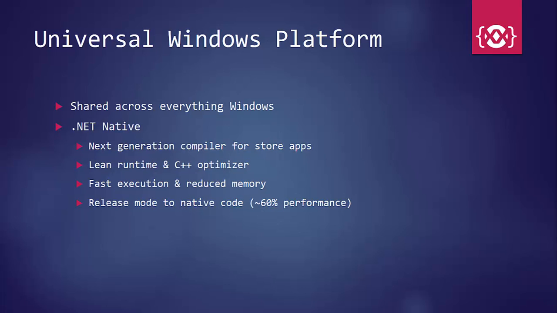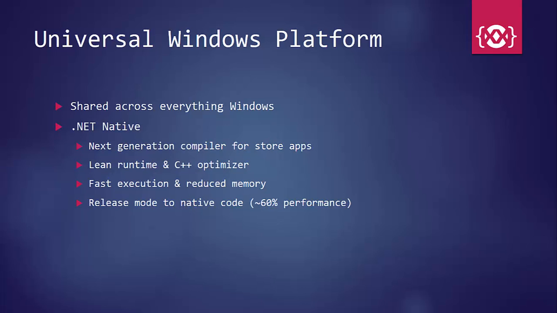Now, to do that, we need a runtime called the .NET Native runtime that we already spoke about. Currently, it's only supported on Windows for now, but the .NET Native runtime is basically the next generation compiler for store apps. It includes a lean runtime and C++ optimizer, allowing us to do C# apps with the C++ kind of performance.